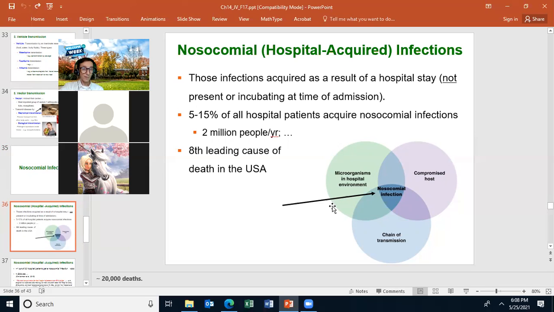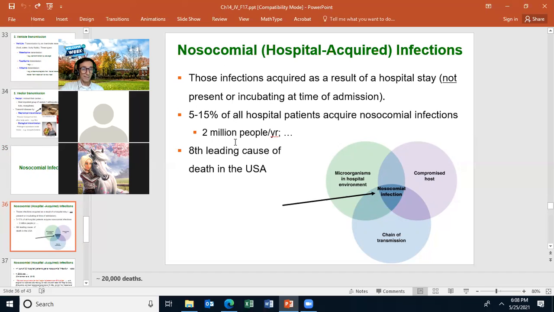This is about 2 million people per year in the United States, or about 20,000 deaths in the United States because the patient came down with a nosocomial infection.